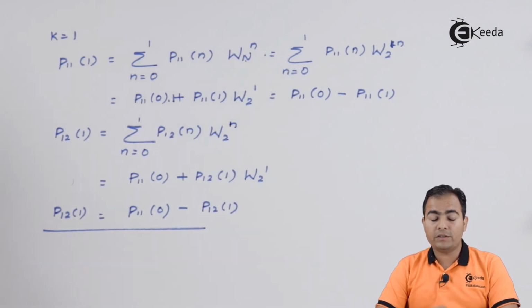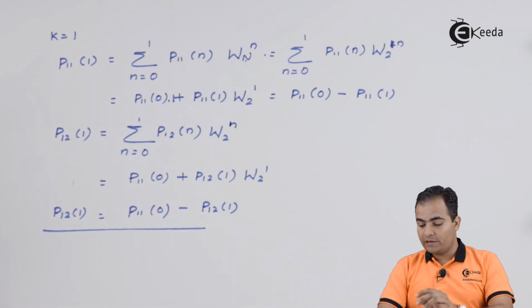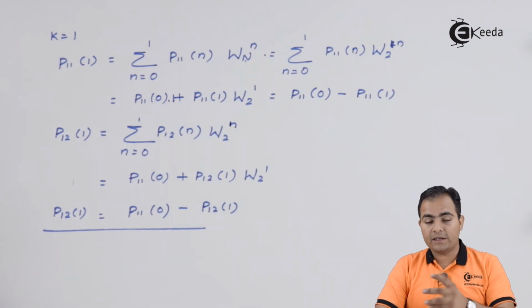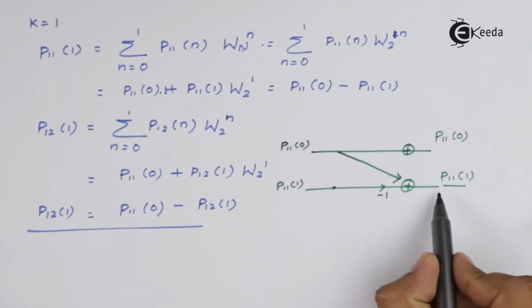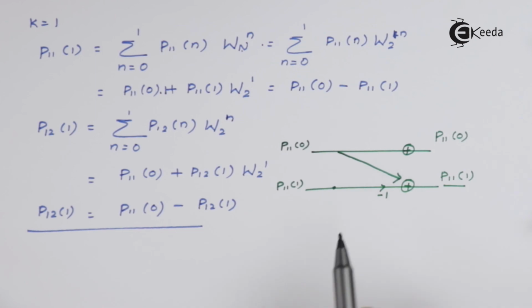So we'll draw the whole diagram of DIF FFT, but first 4 points I will draw, and then later on from that first point you will get the idea of next 4 points, but I will draw the whole 8 point DFT diagram, the butterfly diagram of DIFFFT. Now basically our P11 of 1, how to calculate P11 of 1?